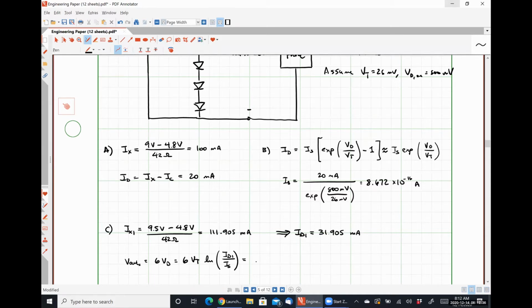That's nothing more than this equation rearranged to solve for our diode voltage. So we're using our exponential diode model. And if we plug in our numbers here, we get 4.873 volts as our output voltage. Okay. Now this is a first approximation.